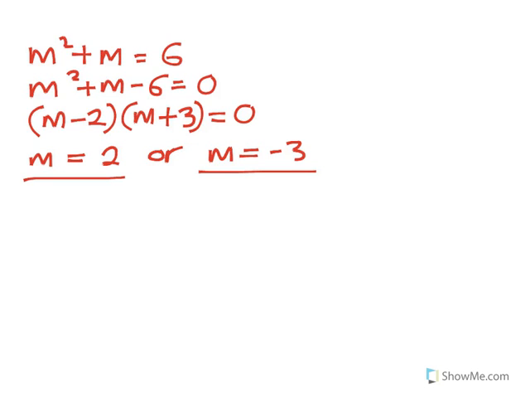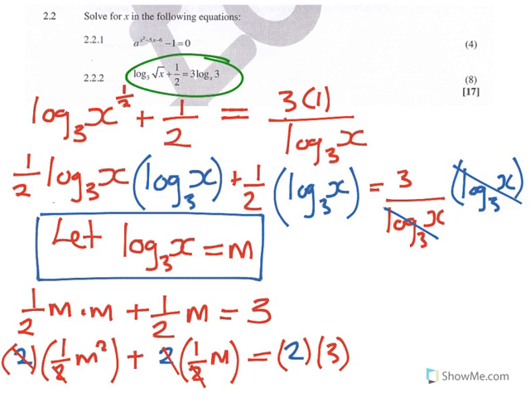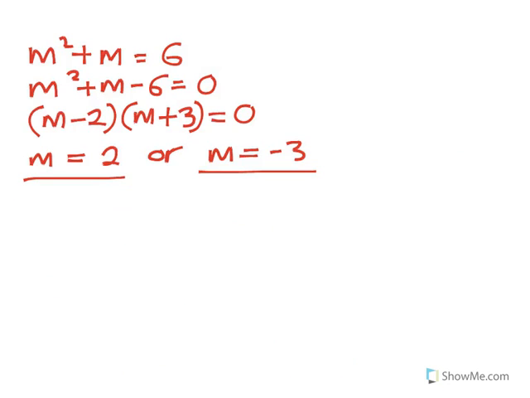What you need to do is to go back and say, but you said log base 3 of x was equal to m. Remember what we just did in the previous one? We said log base 3 of x is equal to m. So you've got two scenarios.